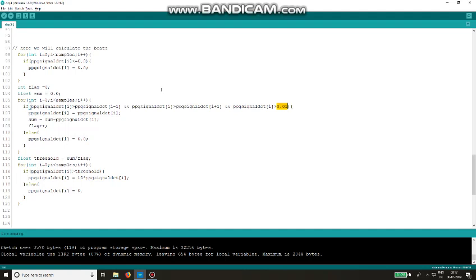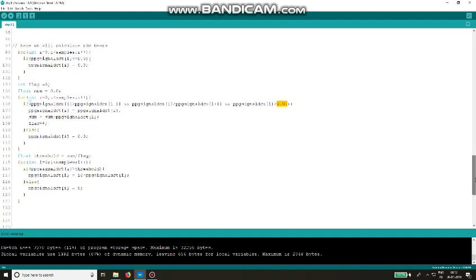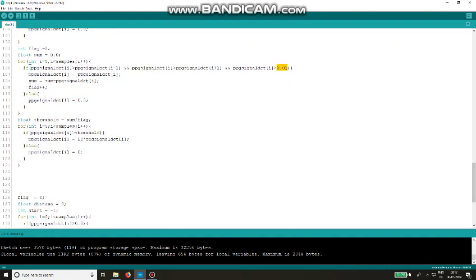So if this is the peak, then our signal would be like this: high, then all 0 0 0, and then high, then all 0 0 0. Now moving on, we will be calculating a threshold. We notice that we are also evaluating the sum of each of the maximas.